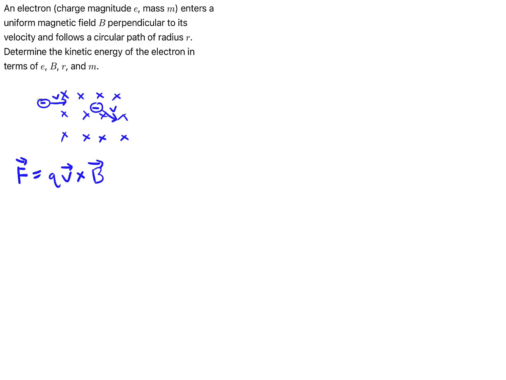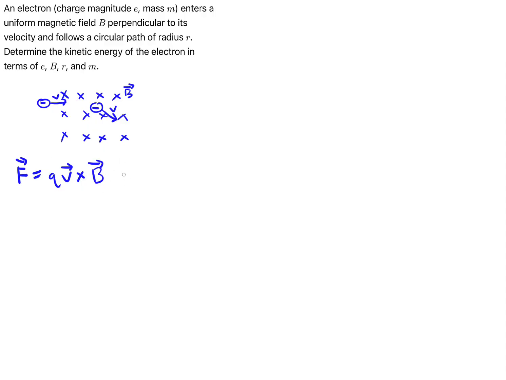So here's a little diagram of the situation. These crosses represent the magnetic field, which is pointing into the page. The magnetic force exerted on a moving charge is given by this vector equation, and the direction of the force is given by the cross product of the velocity and the magnetic field.